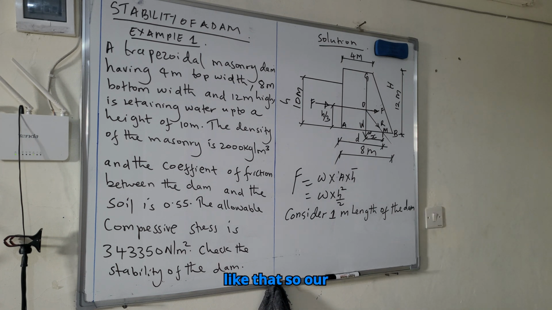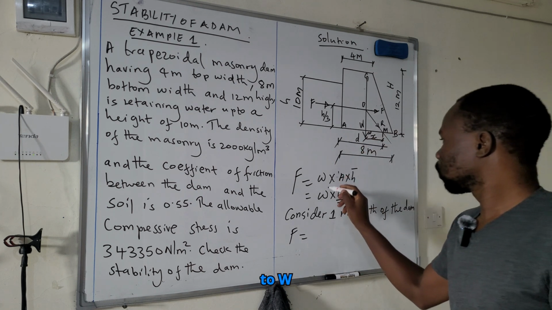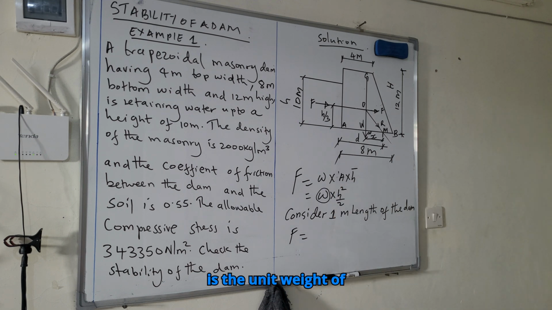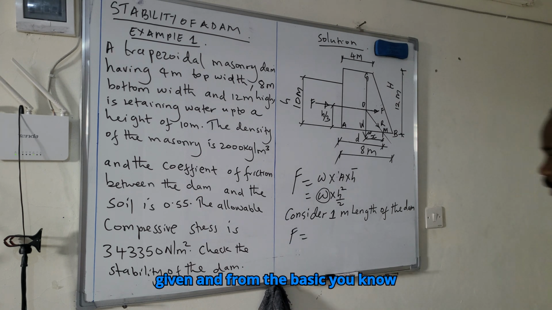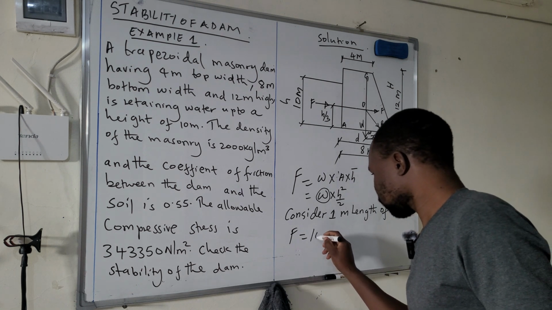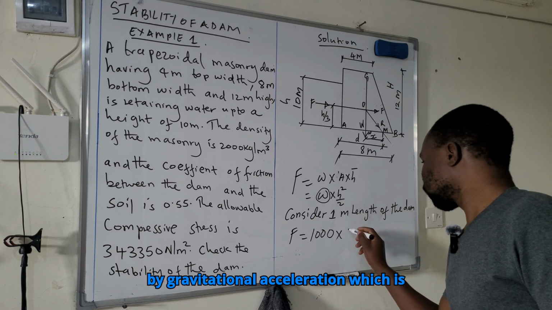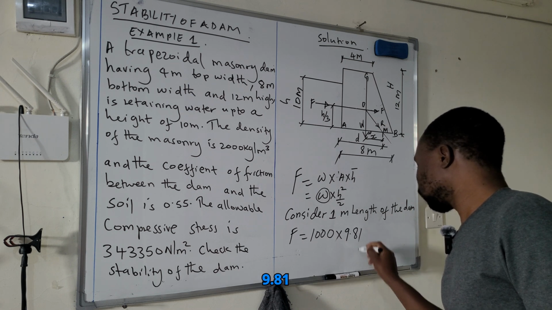Like that. So our F is equal to W, the unit weight of water, and for this case we have not been given it. From the basics, we know that the density of water is 1,000 kilogram per meter cubic. But since we want to get this F in Newton, we will multiply by gravitational acceleration, which is 9.81.